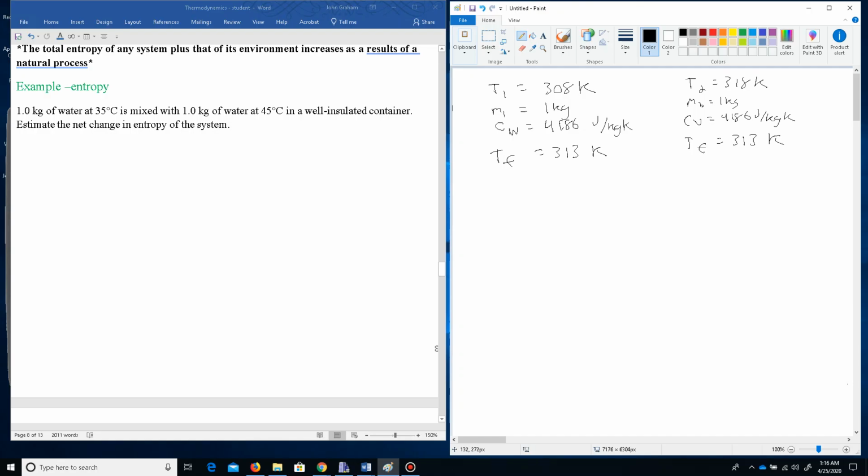So we can look at the Q, the mass times the specific heat times delta T, right? And we went from 313 minus 308.